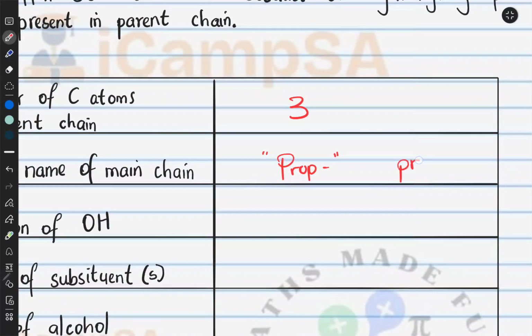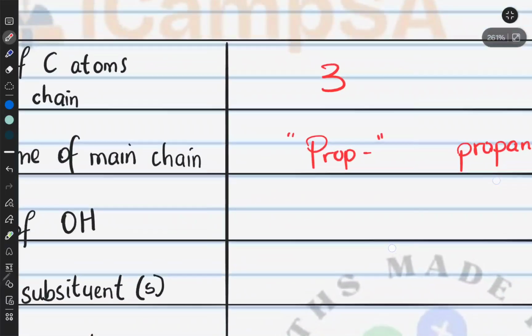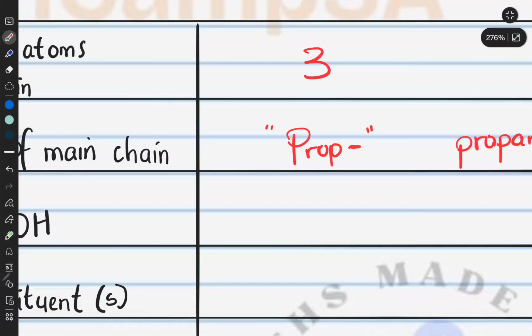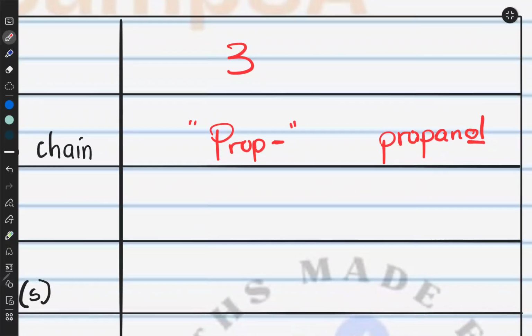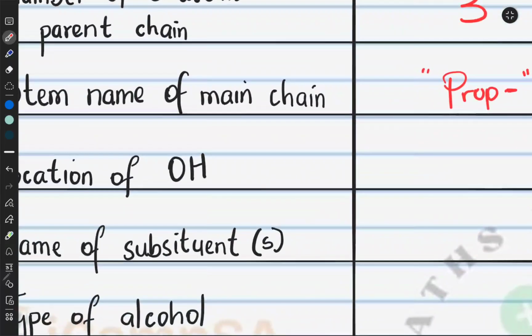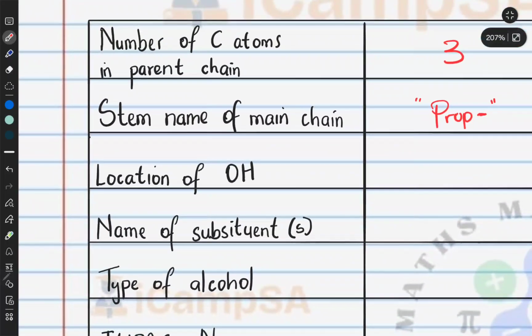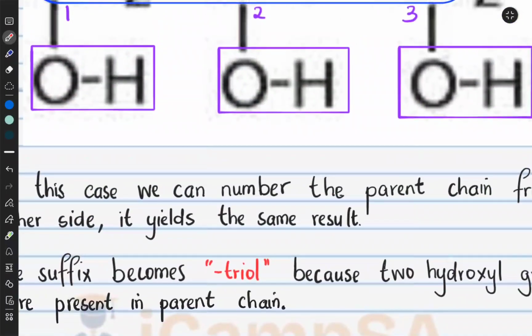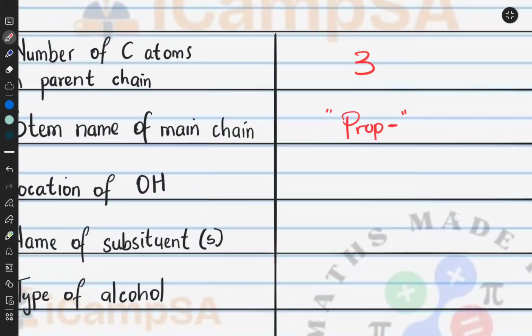In fact, it's just propanol, but I would leave it as the stem name, because the suffix is not always ol like in this case, so we will write that at the end. So the location of the hydroxyl groups is 1, 2, and 3.